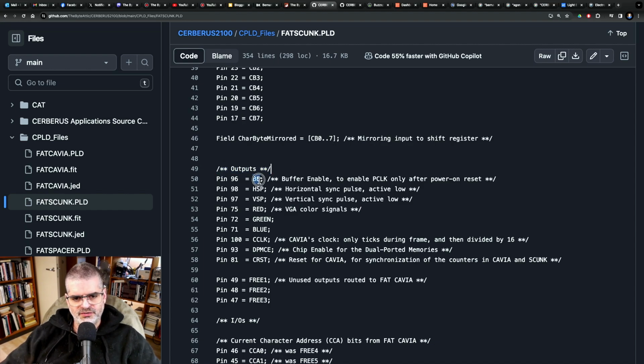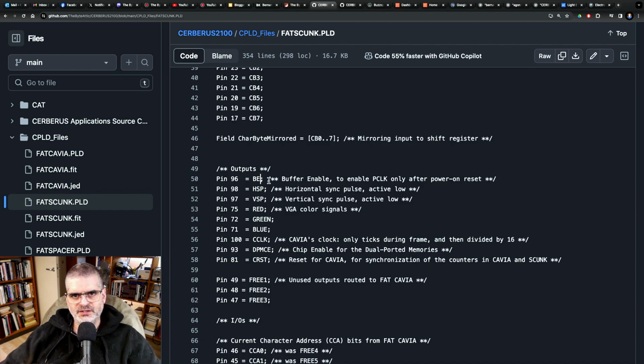The first one is buffer enable. The reason for this is purely electrical. It's not logic at all. These CPLDs cannot get a clock before they are fully powered up. Otherwise, you screw up the contents of all the flip-flops in the CPLD and it will not work.